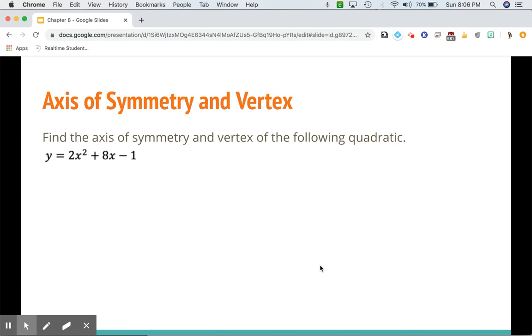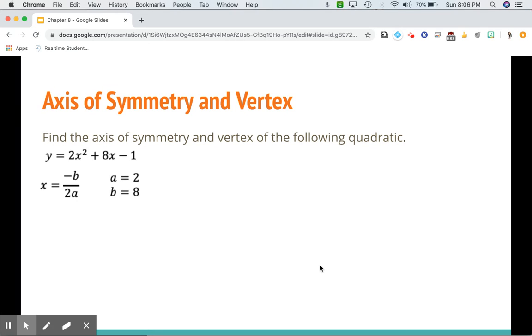So what we want to do is find the axis of symmetry and the vertex of the following quadratic equation. So y equals 2x squared plus 8x minus 1. So the formula for your axis of symmetry is x equals negative b over 2a. Well, just like when we were using our quadratic formula, identify your a value and identify your b value.